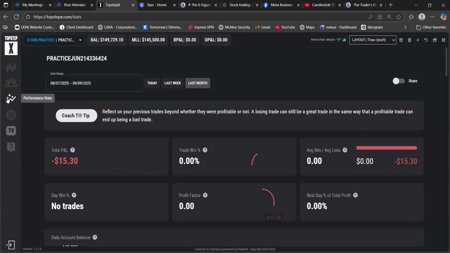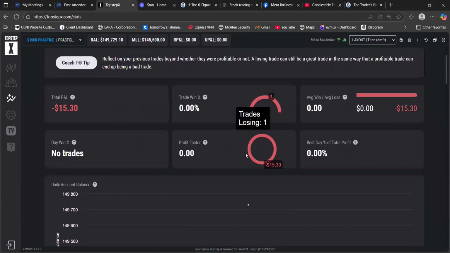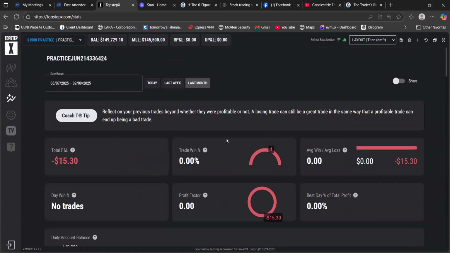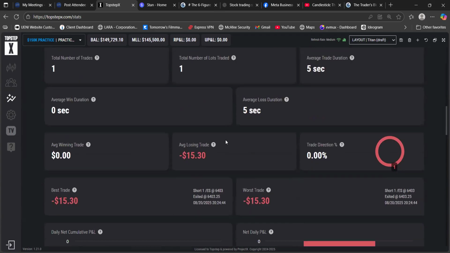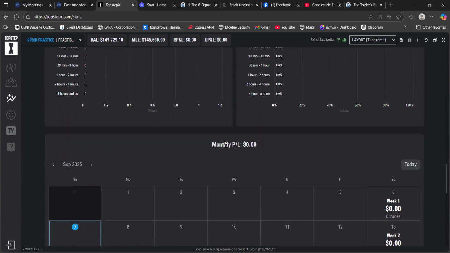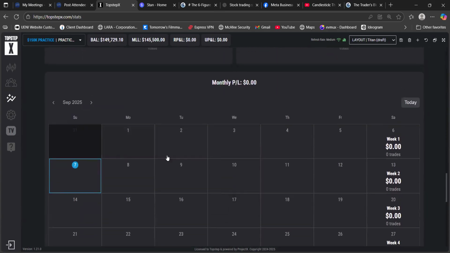Here you're going to have your performance stats. I had got in and out of a trade one time to show somebody how it worked, so it's minus $15. But this is going to give you all of your stats, your monthly P&L. P&L means profit and loss. Okay. If you have a profitable day, your days will turn green. If not, they will be red.